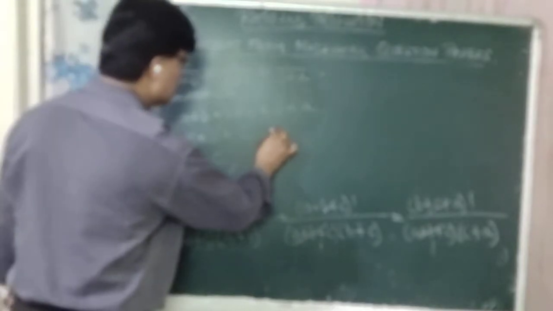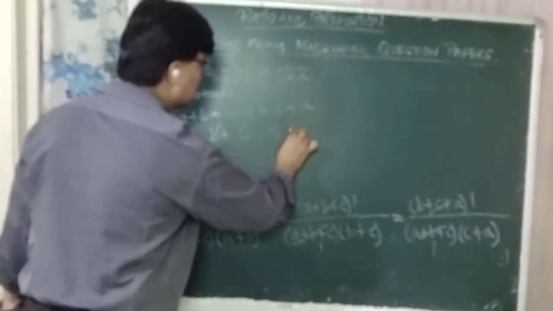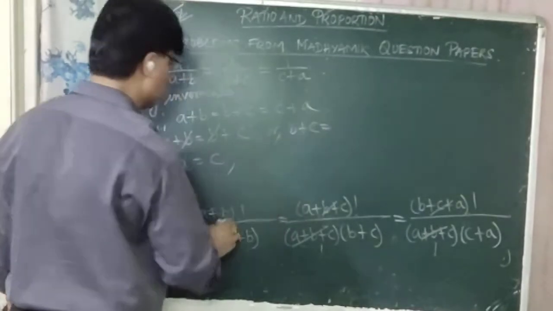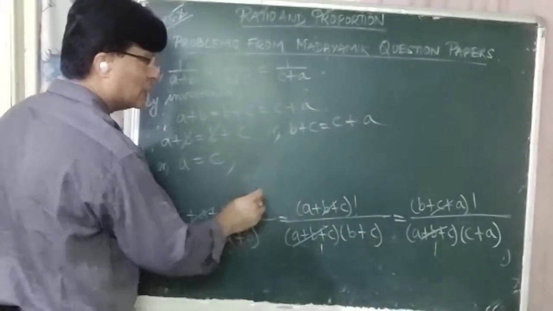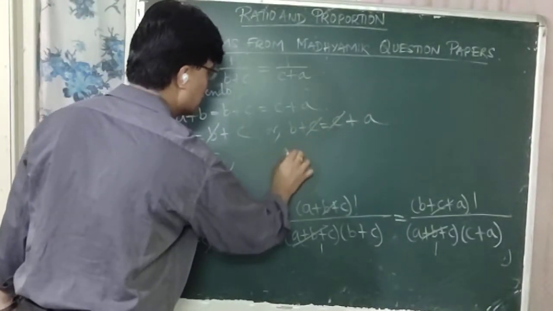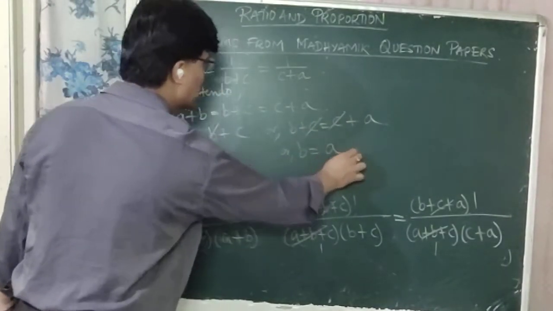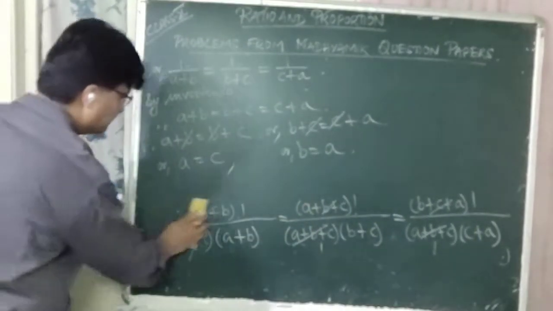Now we can equate second with last, that is B plus C is equal to C plus A, right? So here C gets cancelled. What do we get? B is equal to A. Okay?